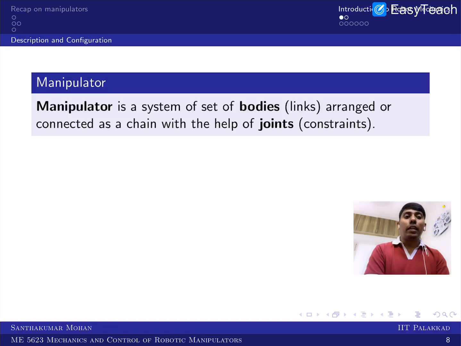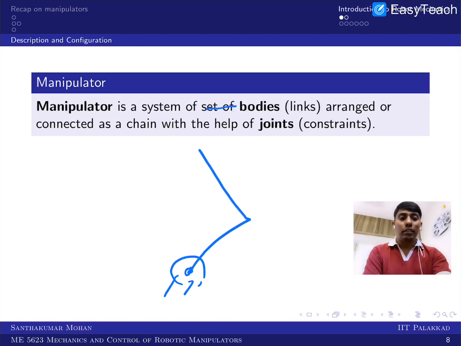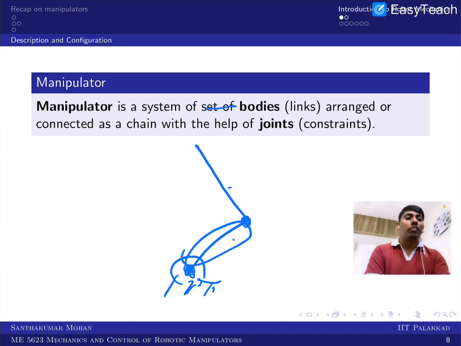So the manipulator is a system, or set, of bodies arranged or connected as a chain with the help of joints, which some people call constraints. For example, this is what I call a manipulator. Body 1 is the ground, then body 2, body 3. These are arranged with constraints which we call joints. This is nothing but a manipulator.